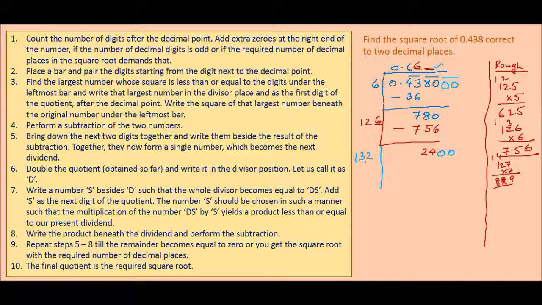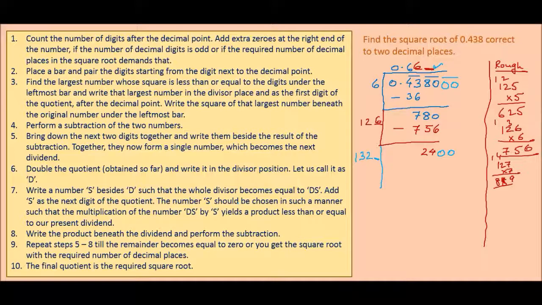This is the divisor position. Let us call it D. Rule number 7. Write a number S beside D. We will be having a number S over here such that the whole divisor becomes equal to DS. Add S as the next digit of the quotient. We have to add S over here, that we know.